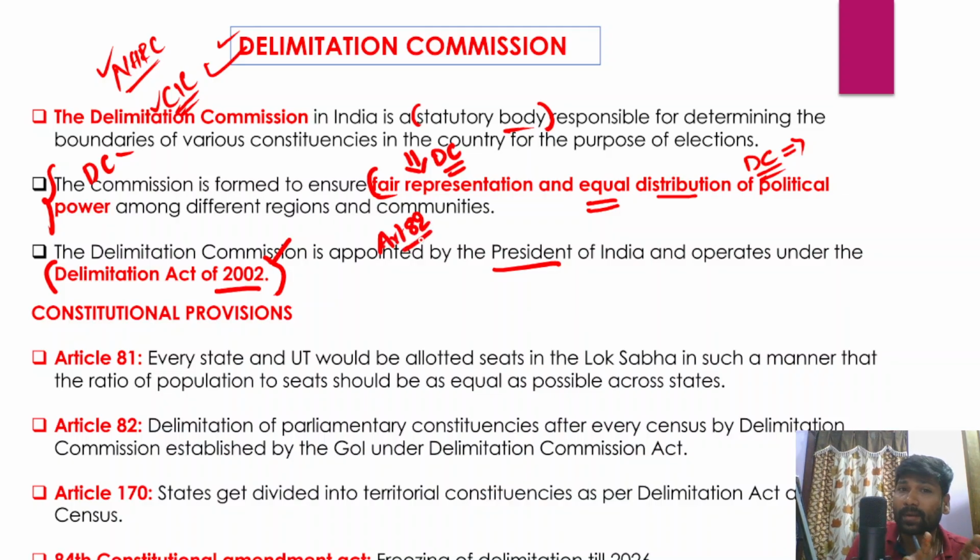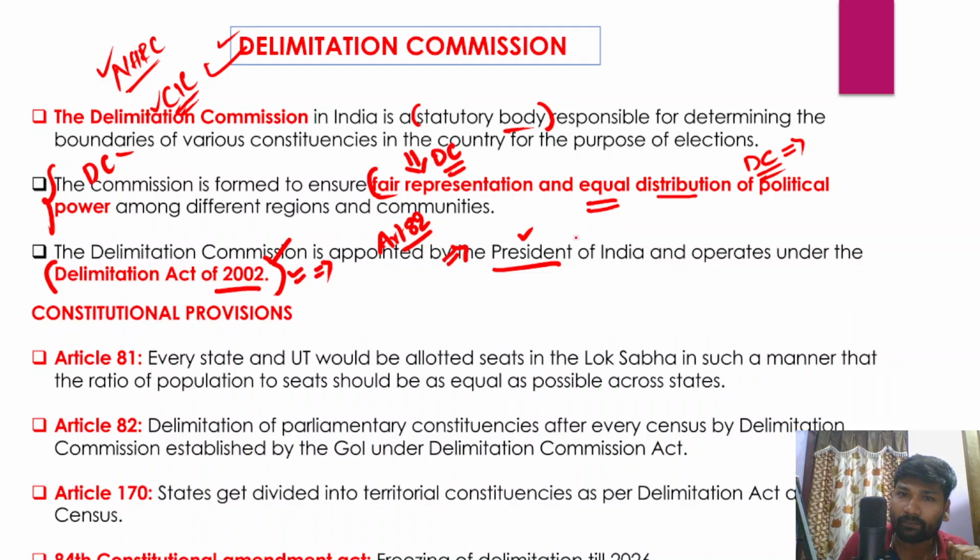So when Parliament passes this Delimitation Act, the President would appoint a Delimitation Commission to decide the territories. And this exercise would take place once in 10 years. That means after every census, this delimitation exercise regularly takes place. So I hope it is clear for all of you.